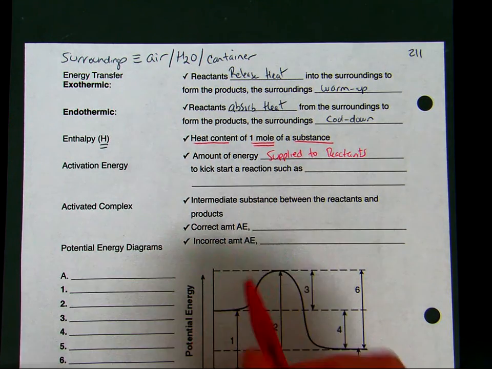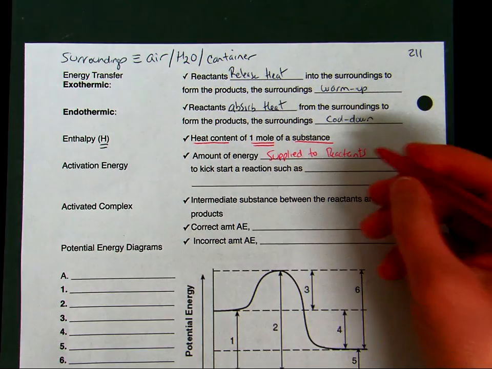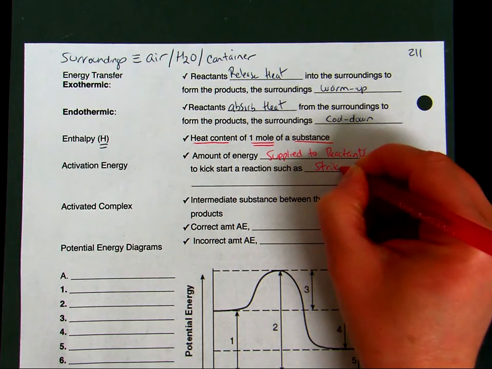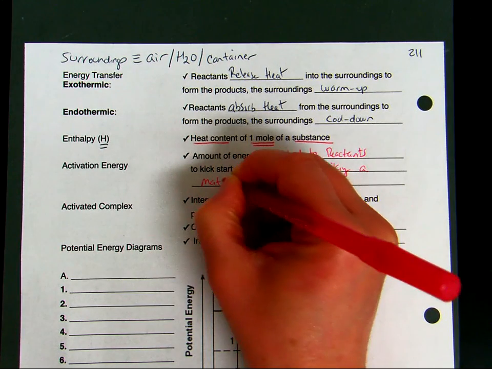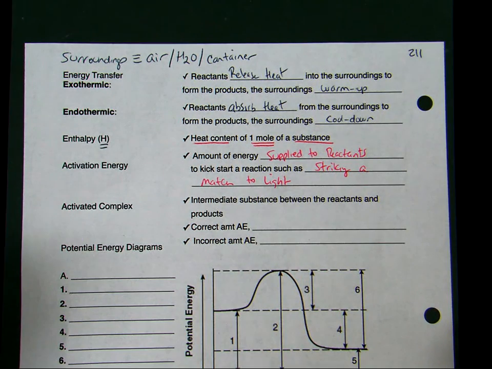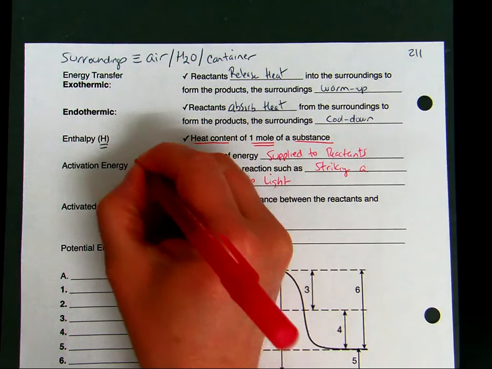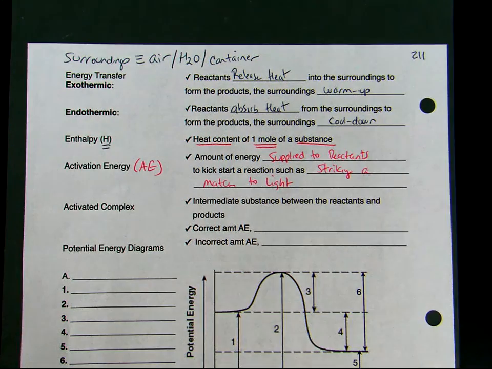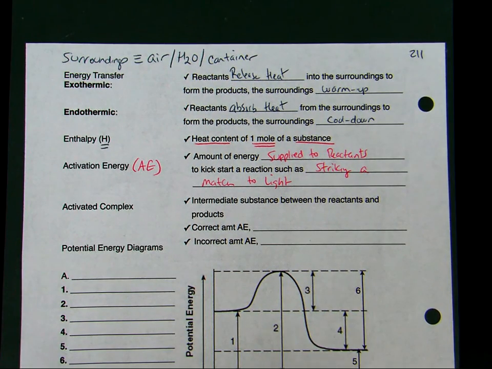A great example of activation energy would be striking a match to light it. Once you have struck that match and it lights up, the combustion process continues without you continuously striking the match. So the activation energy, I like to say, is a one-time deal. It gets it going and then it's done. And you might see me short form activation energy as AE.